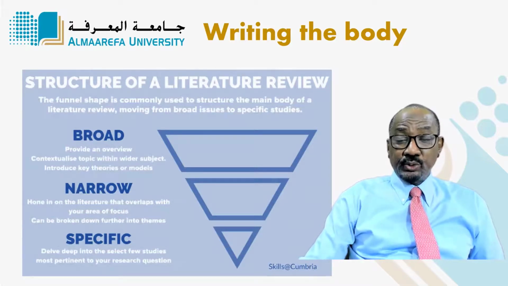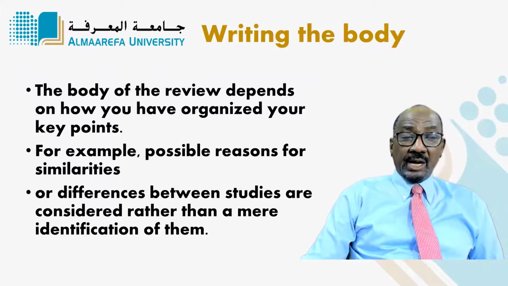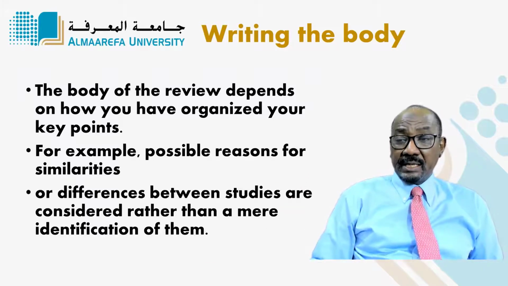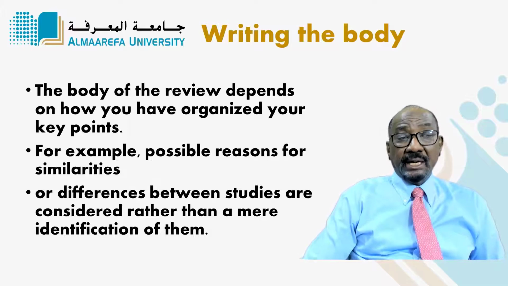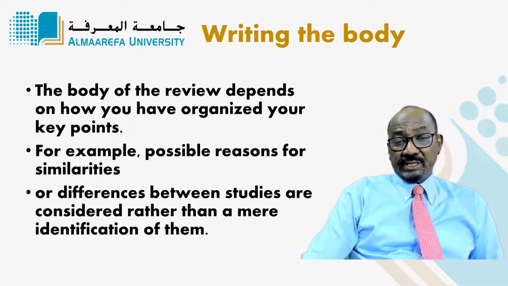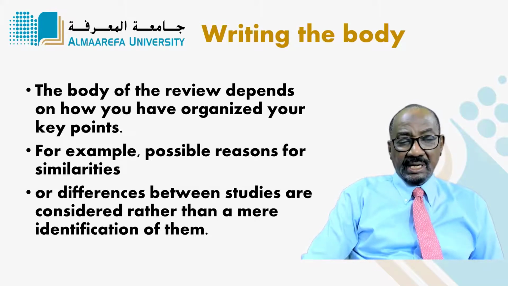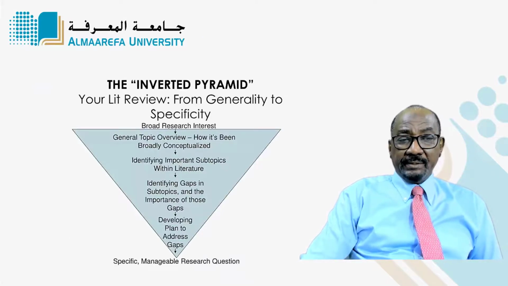So this is the approach when you write the body. Now the body depends on how you have organized your key points. Remember, I said earlier it can be organized chronologically, methodologically, or thematically, whichever way you organized it. And in this one, for example, possible reasons for similarities or differences between studies are considered rather than a mere identification. Now, this is the inverted pyramid.